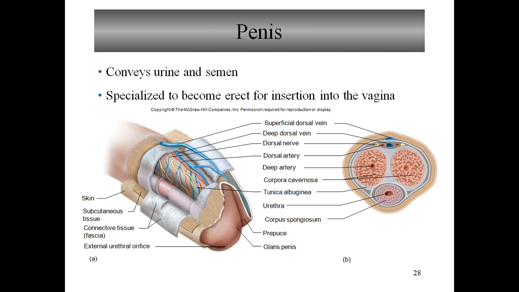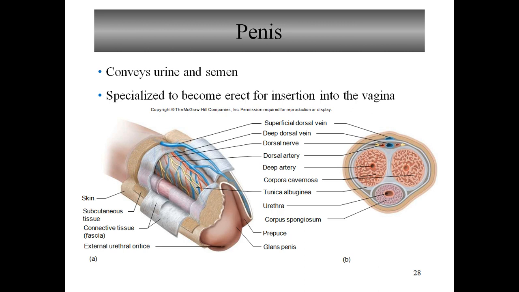If you see here, the corpus spongiosum, and this urethra, and inside that the corpora cavernosa. Through the urethra both urine and semen will come, and it is a part of the penis.